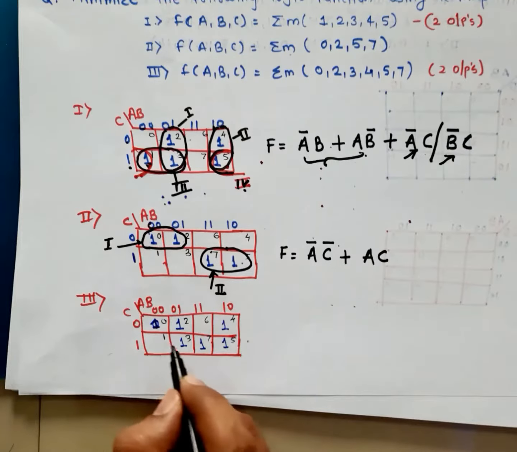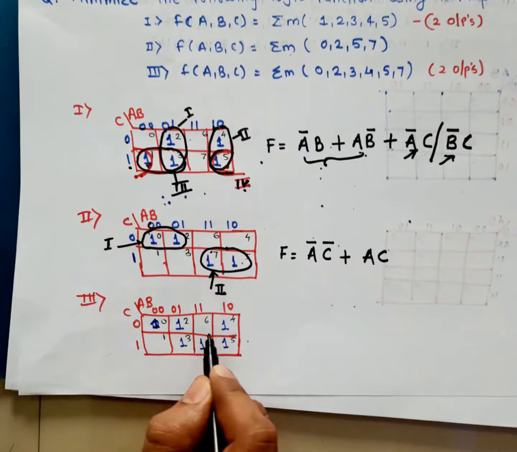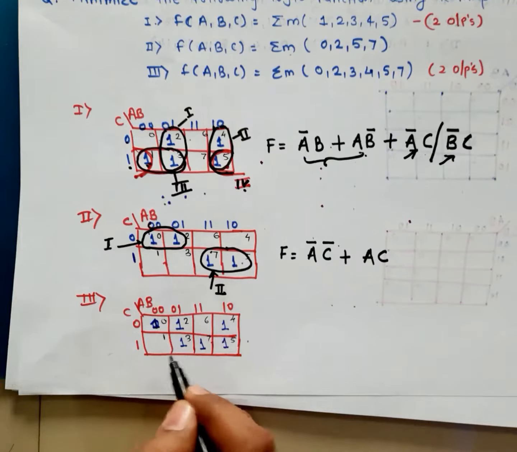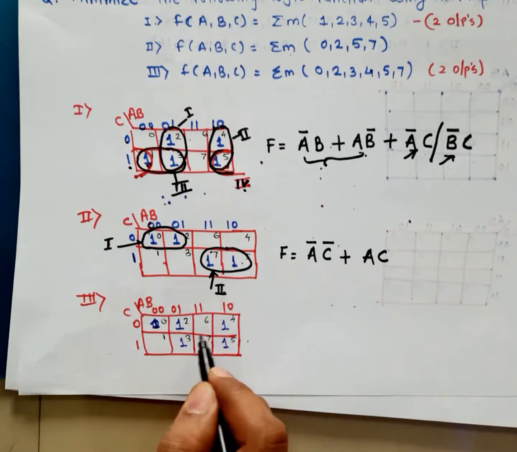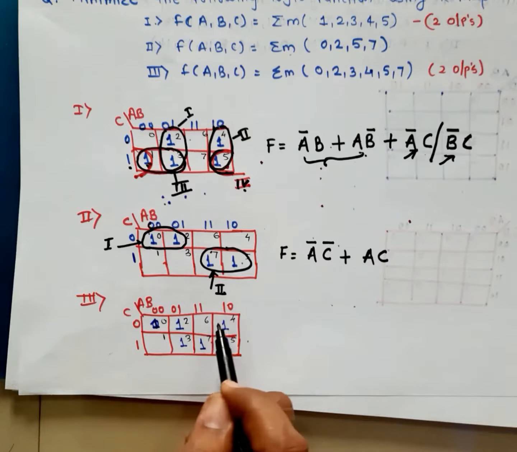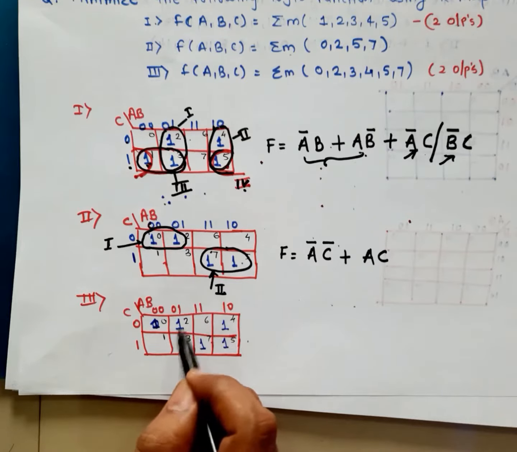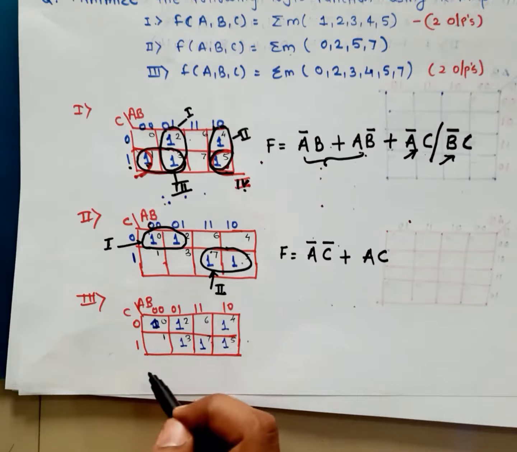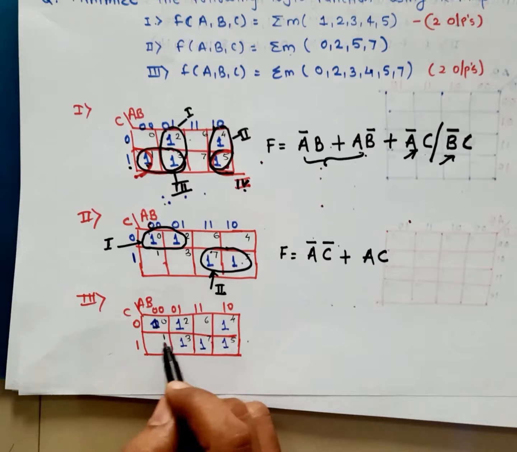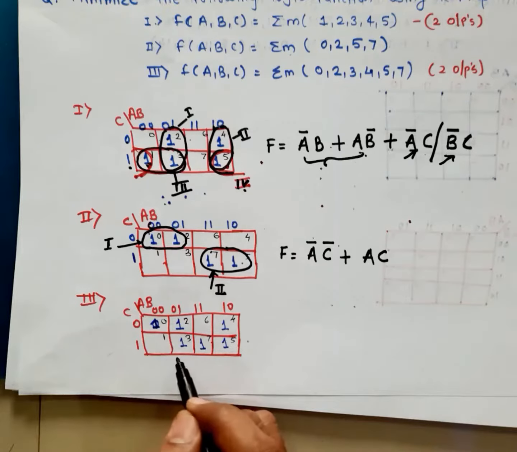Here also, is it possible to make a group of 8 cells? No, because 6 and 1 don't have high values. So here a total of 6 cells contain high values, but if you identify carefully, no 4 adjacent cells contain high values.